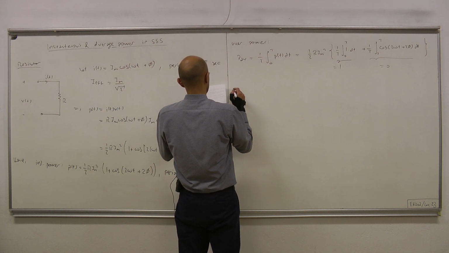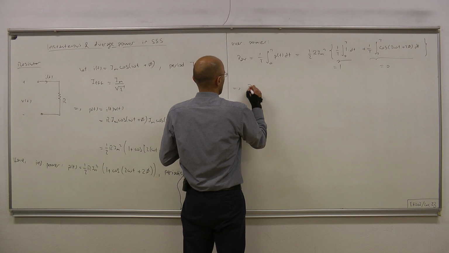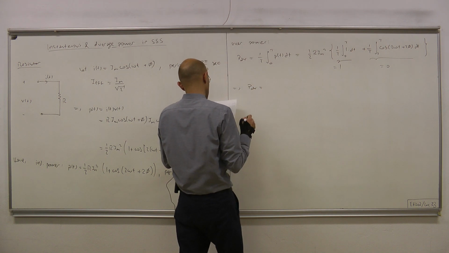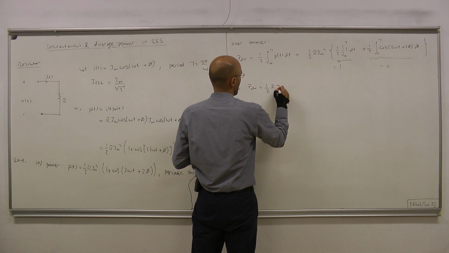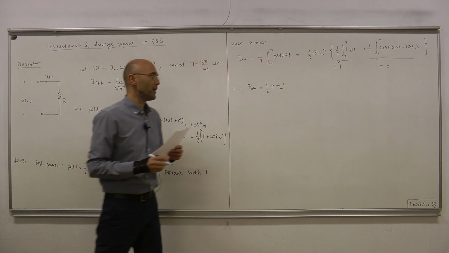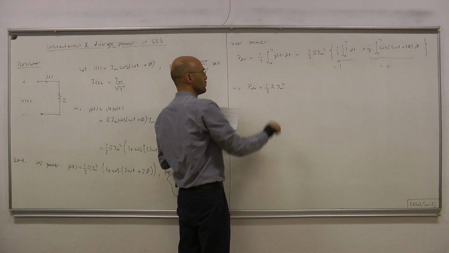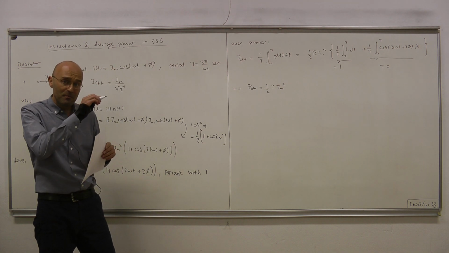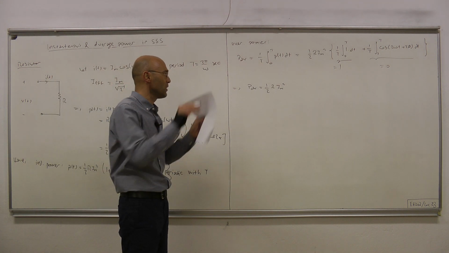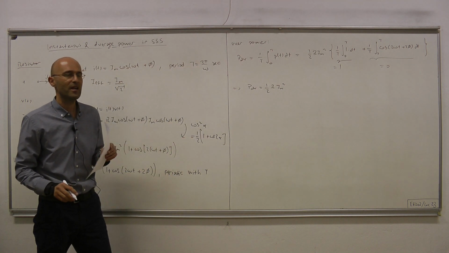Hence, P average equals 1/2 R Im squared. Note that Im squared over 2 can be written as Im divided by square root of 2, squared.